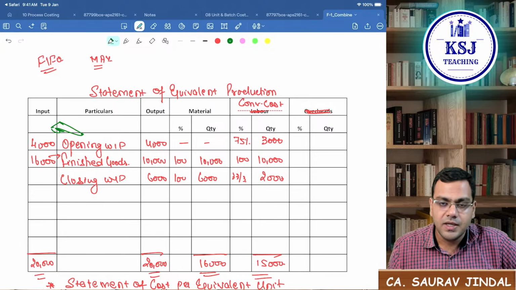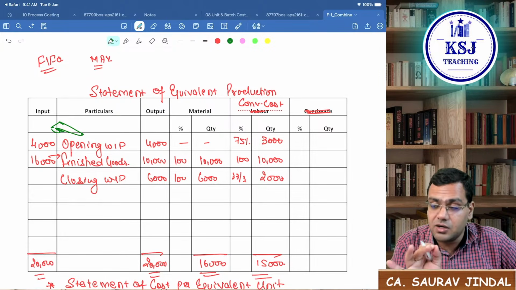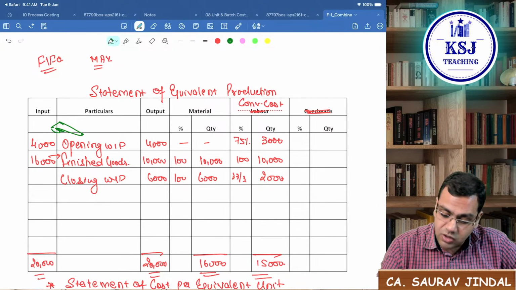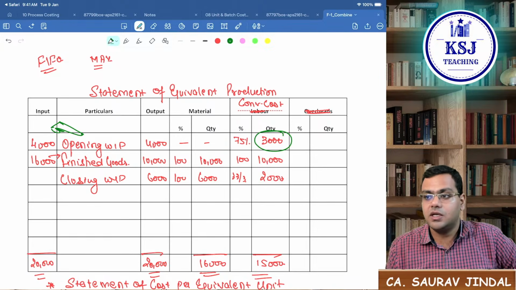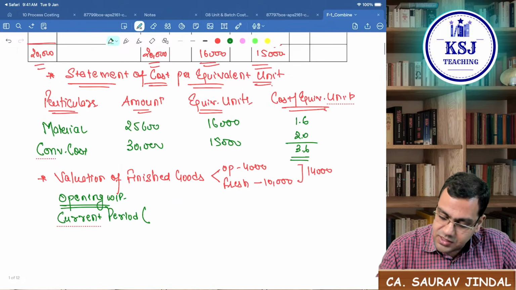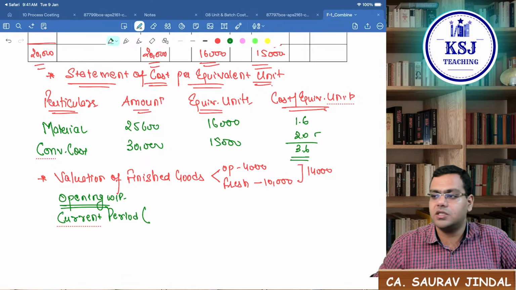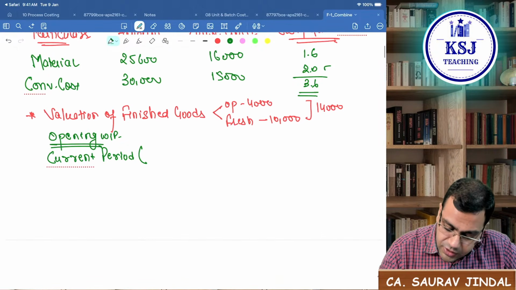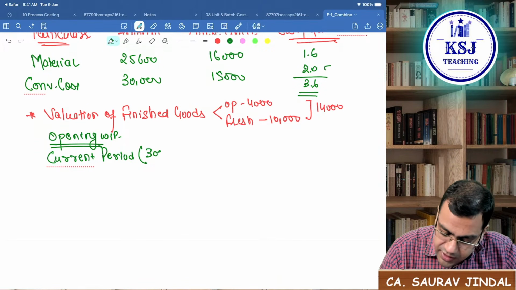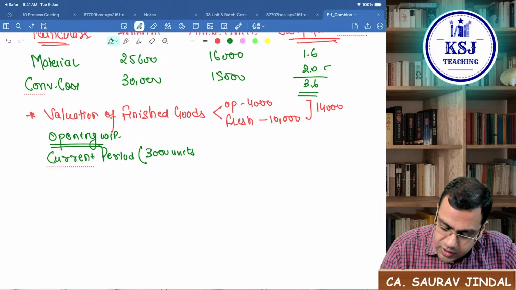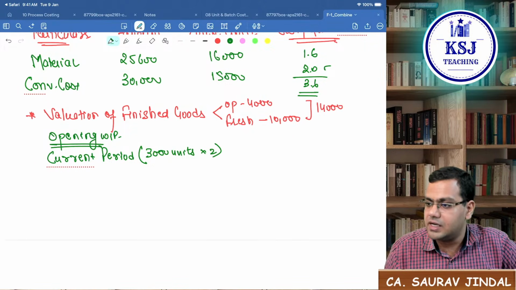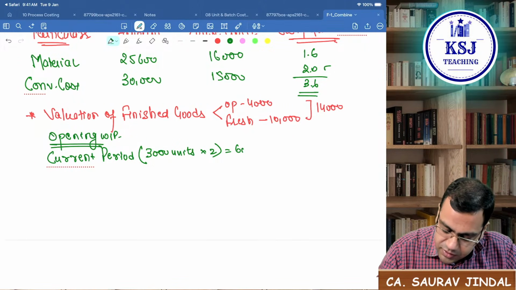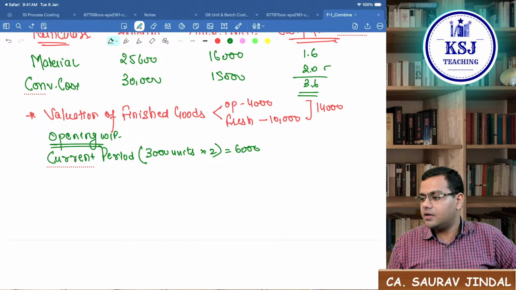No, sir. There is only labor or conversion cost which is incurred on equivalent 3,000 units. That is, this 2 rupees is the only cost which is incurred in the current period in the month of May. So can I write on 3,000 equivalent units, there is only 2 rupees of cost incurred? So a total of 6,000. Right?